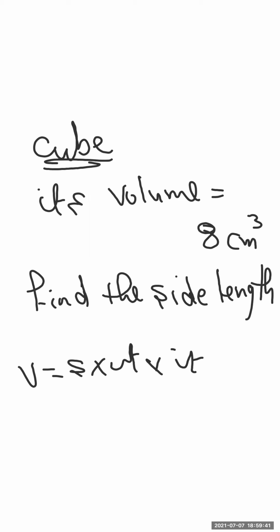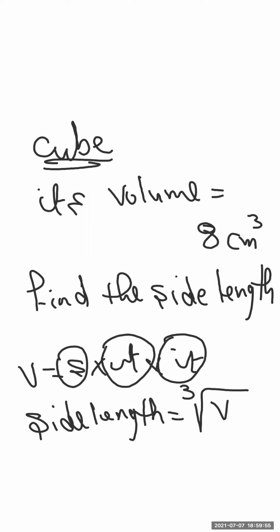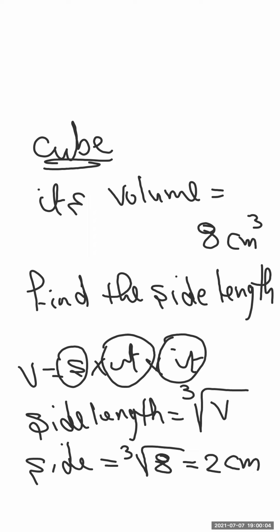So this means the side length simply will equal the cubic root of the volume, because it's the side length multiplied by itself 3 times. So side length will equal the cubic root of 8, which equals 2 centimeters. Are we clear about that, guys?